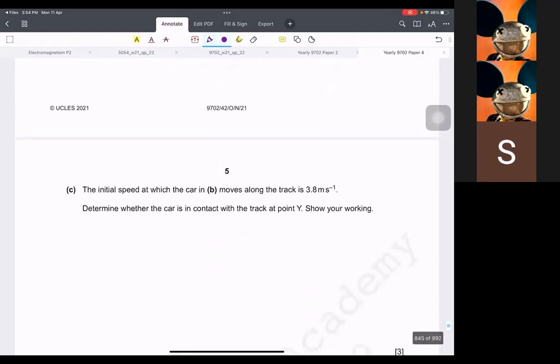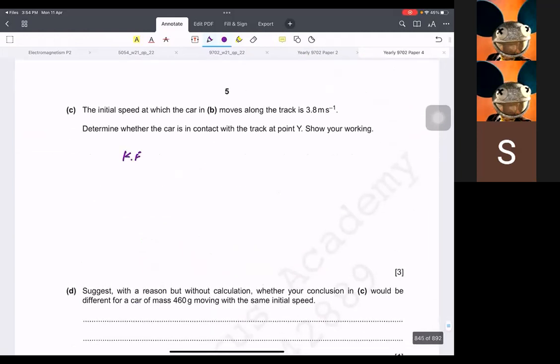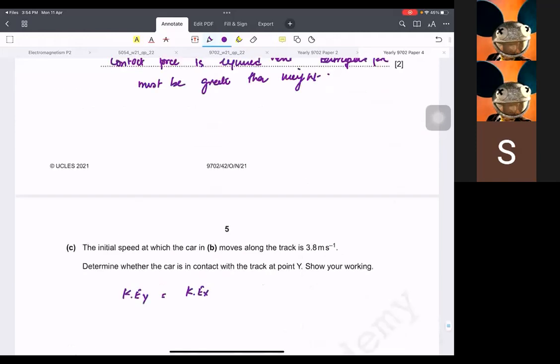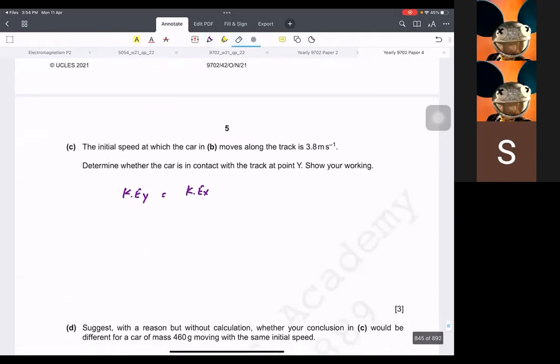Now, the initial speed at which the car is moving along this determines whether the car loses contact. Show your working. Now, according to me, there will be kinetic energy at y. So kinetic energy at y equals kinetic energy at x, right? So at y, the kinetic energy should be like that due to the gravitational potential, right?